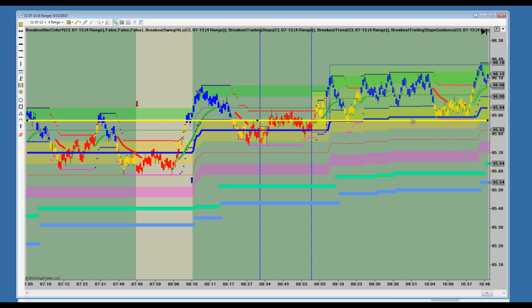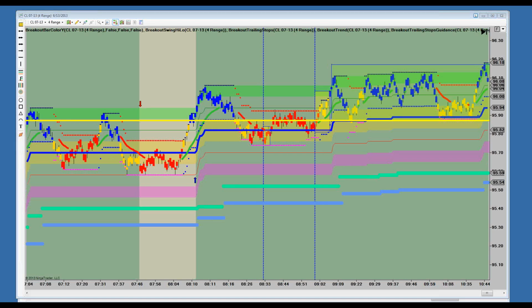I'm referring to this range right in here. And we see that we have resistance more or less up in this area right in here.